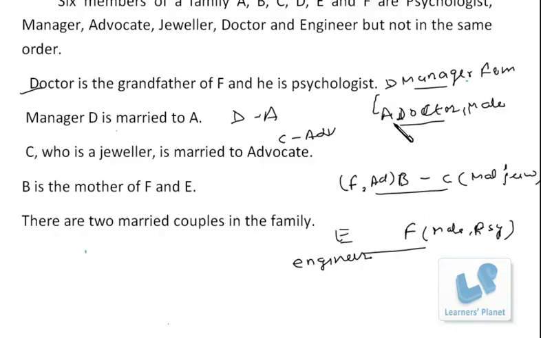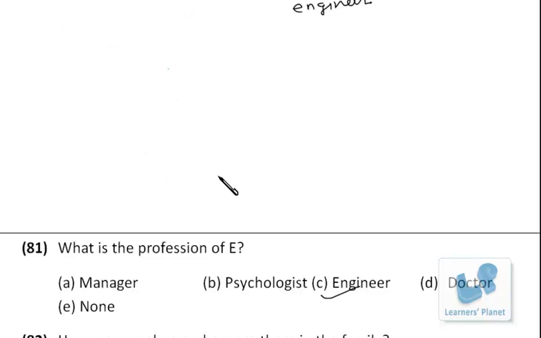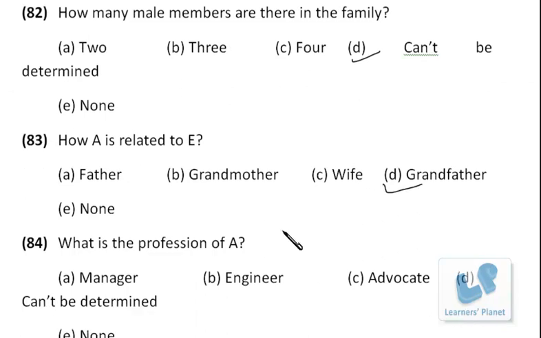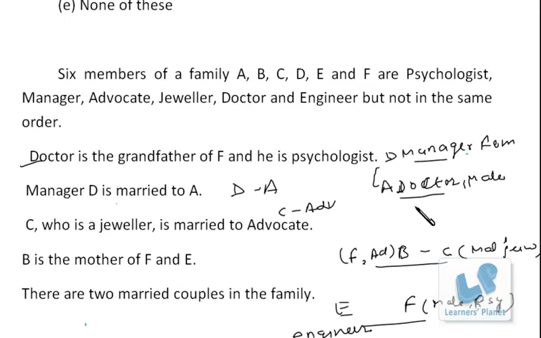We have A over here. A is a doctor and is male, so he should be grandfather of E, because E and F are siblings. So it's grandfather, right? Now what is the profession of A? We found out that the profession of A is doctor.